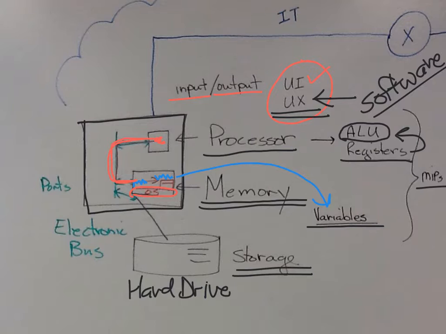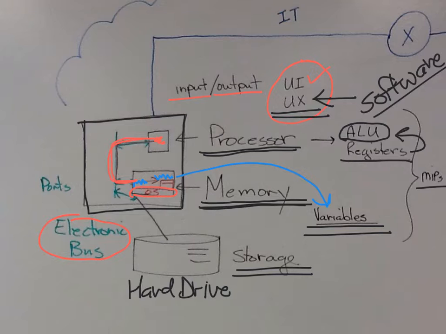Out of this, the key thing to understand is we're processing what's in memory, and the processor is doing that work, and it's moving on the electronic bus to and from the processor. And then we write code, let's say, to add up a couple numbers. Those numbers typically are stored in locations called variables in memory. We'll look at that a little more technically as we go along.